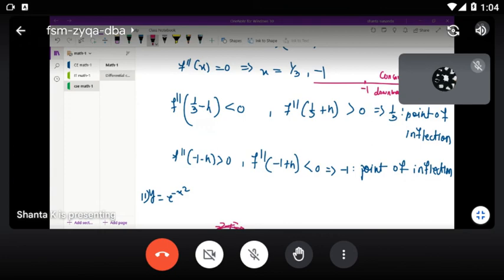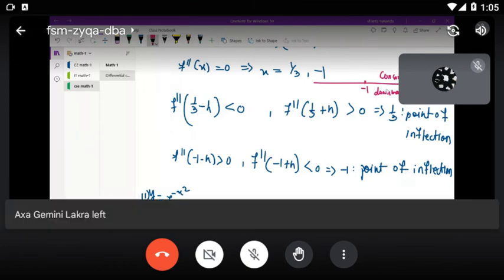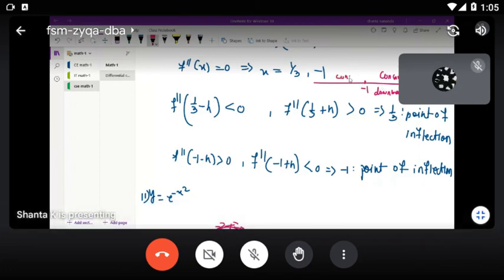And if you see this side and this side, it is concave upward. And what is our definition? Definition is saying, if the graph changes from concave downward to concave upward, that is our point of inflection. Here also, I think this one is less than 0, at minus 1 right side, left side is concave upward.